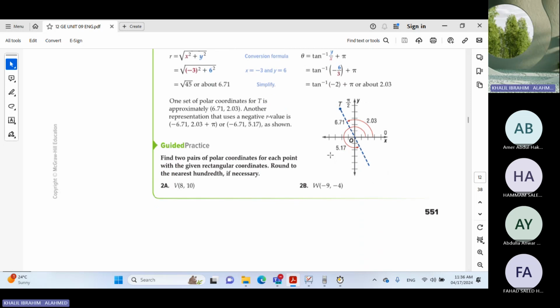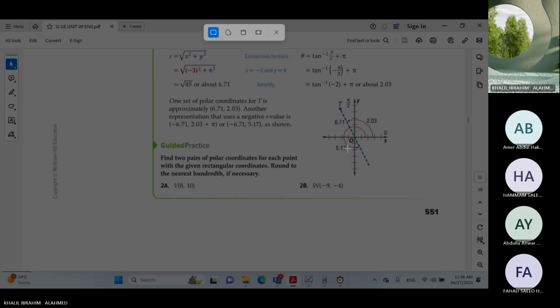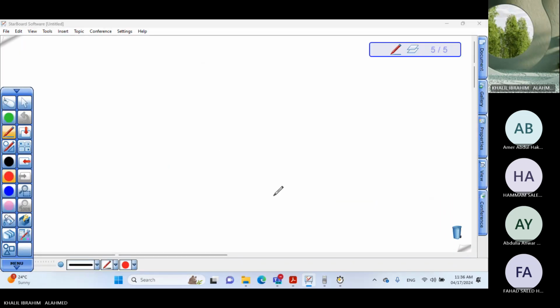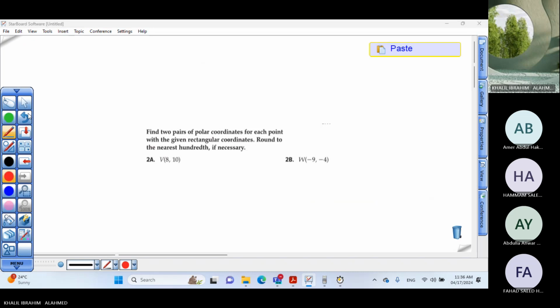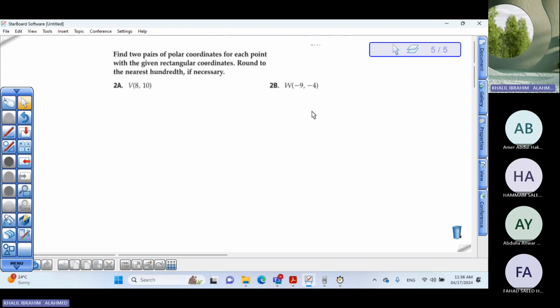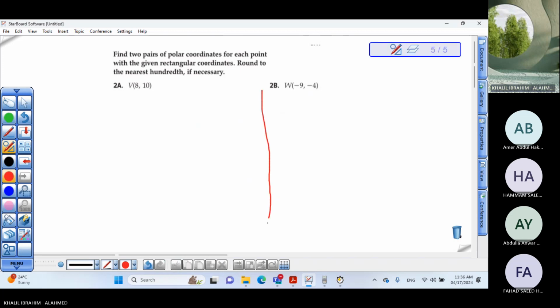The question here, as you see: find 2 pairs of polar coordinates for each point with the given rectangular coordinates. Round to the nearest hundredth if necessary. We have X and Y here, in the same way.